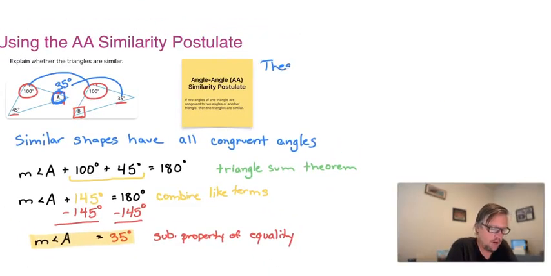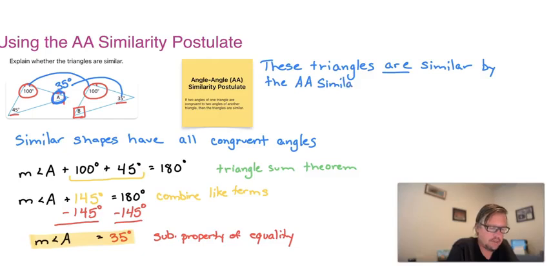These triangles are similar. And I'm going to say they are similar by the angle-angle similarity postulate. That's my justification. How do I know they're similar?